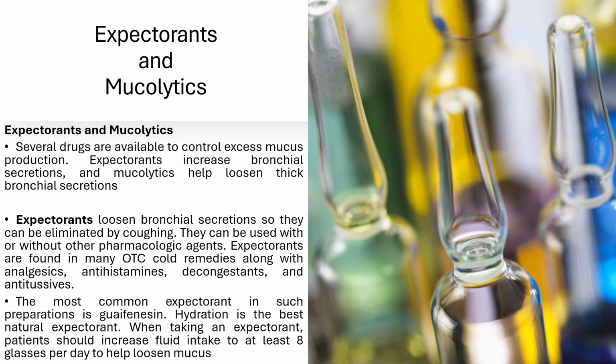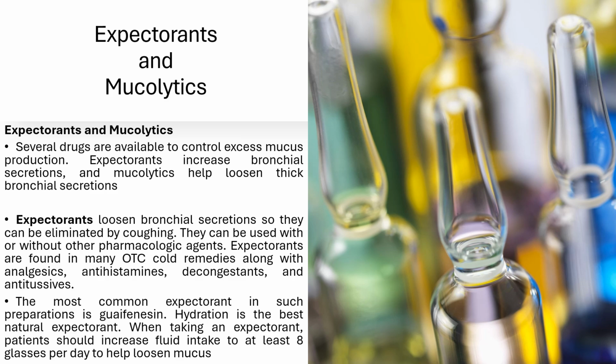Acetylcysteine, or Mucomyst, is one of the few drugs available to directly loosen thick, viscous bronchial secretions. Drugs of this type, which are called mucolytics, break down the chemical structure of mucus molecules. The mucus becomes thinner and can be removed more easily by coughing.